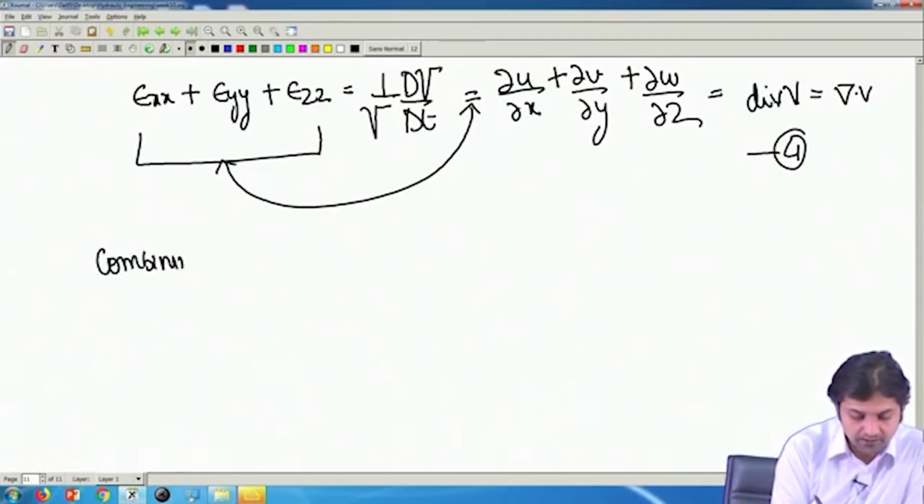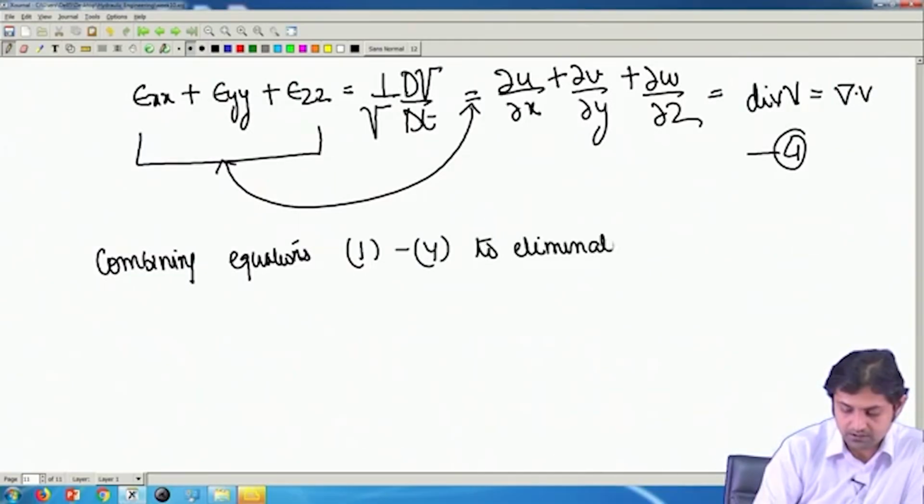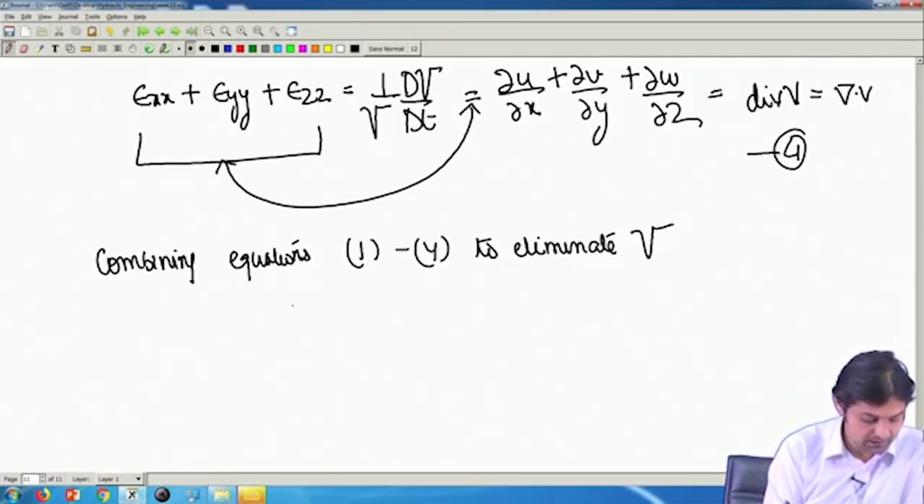Combining equations 1 to 4 to eliminate this volume, what can we get?